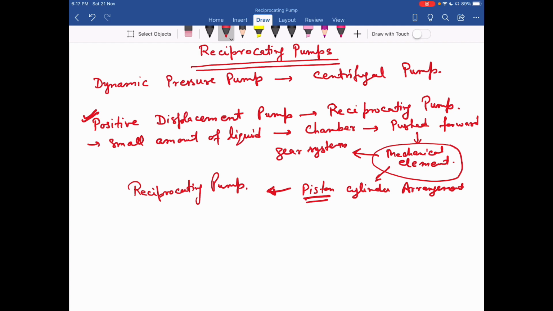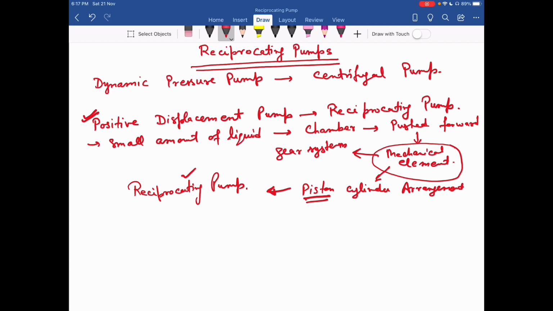Here the chamber is alternately filled with liquid, and that liquid is pumped out with the force of the piston, and again the chamber is filled, and again the liquid is pushed out with the help of the piston. This cycle goes on, and such a pump we call the reciprocating pump.